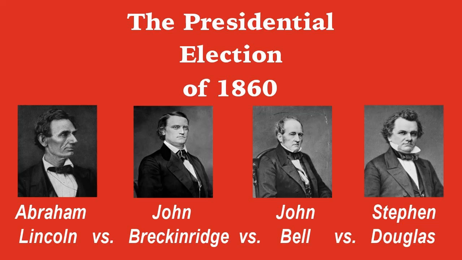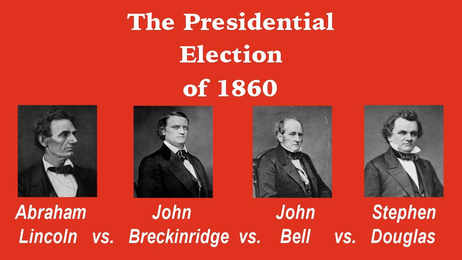We should not confuse the Free Soilers with, for instance, the abolitionists. The Free Soilers really were only looking out for white Americans to make sure that they weren't going to have to compete for jobs with the slaveholders or with freed slaves. Probably we could also call them the nativists. And so these three important groups formulate together.